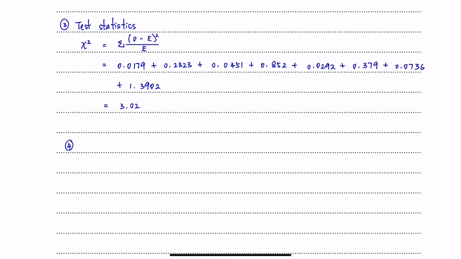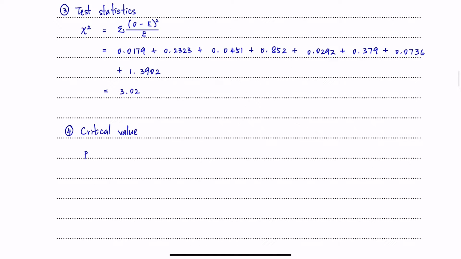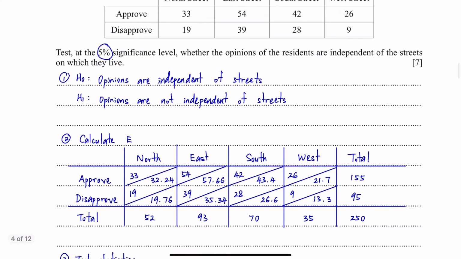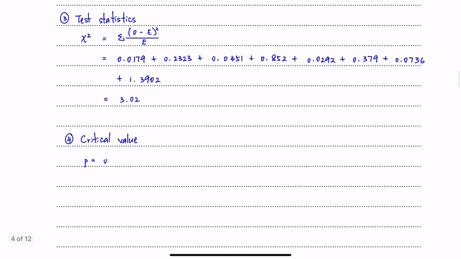So the fourth step would be finding the critical value. So P would be 1 minus 0.05, which is 0.95. And V would be 4 minus 1 times 2 minus 1. So the 4 here refers to the number of columns, and the 2 here refers to the number of rows.